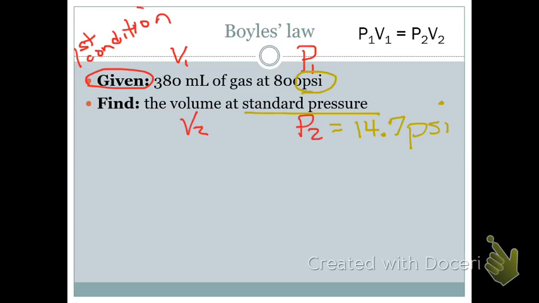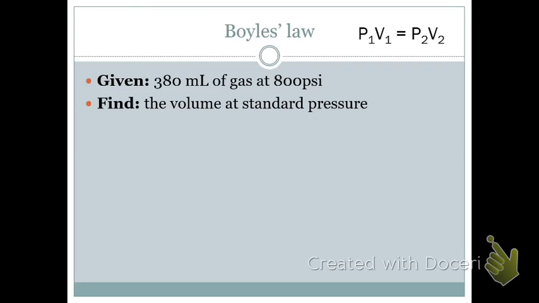Okay? So now I have 3 of my variables. I have 380 milliliters for my volume in condition 1. I have 800 psi for my pressure in condition 1. And I have a standard pressure of 14.7 psi for my pressure for condition 2. So we set it up, plug and chug.